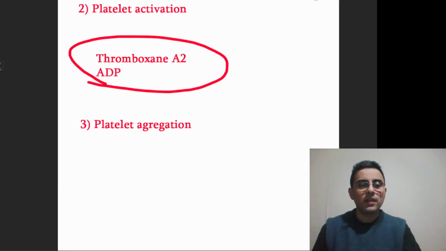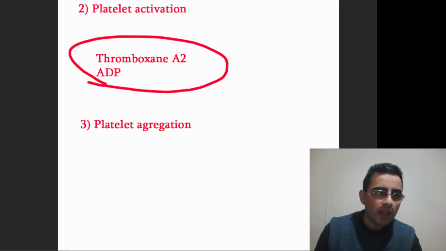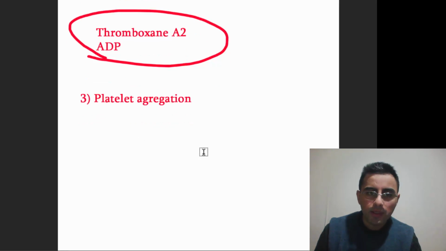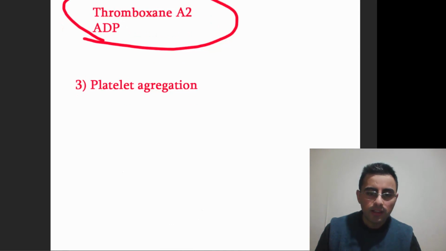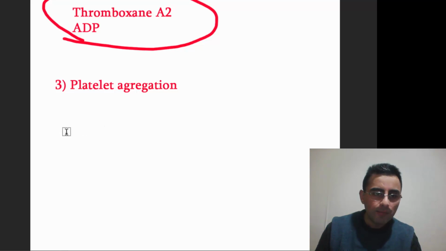Platelet aggregation means other platelets are coming to the damaged area and they stick together one another, forming the platelet plug.